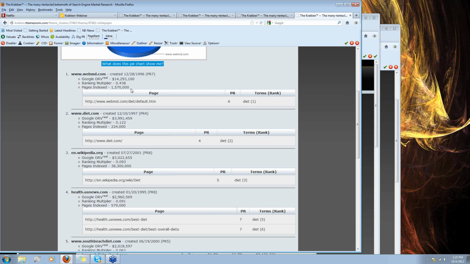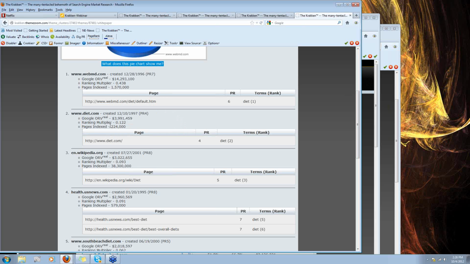So it's a heavy authority site. If I've got to go up against this site and I'm looking at this particular page, which is a page rank 6, I've got my work cut out for me. It's got the keyword actually in the URL. To get above that, I've got to have a really strong site and a really strong page.